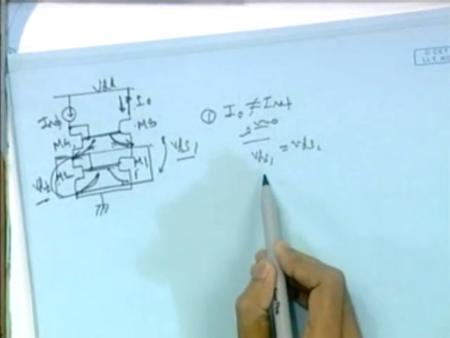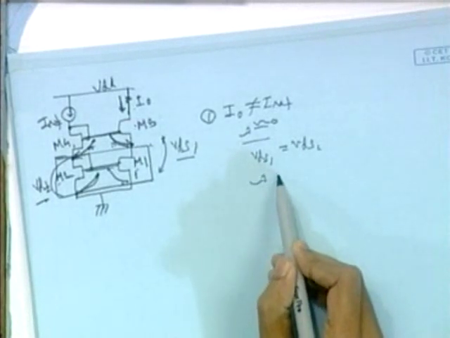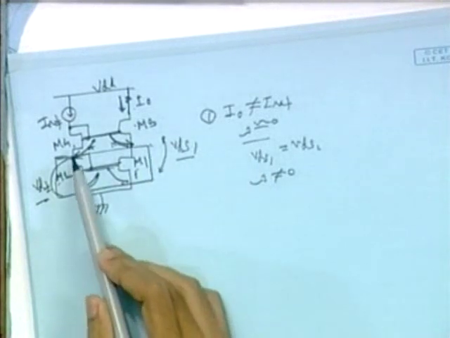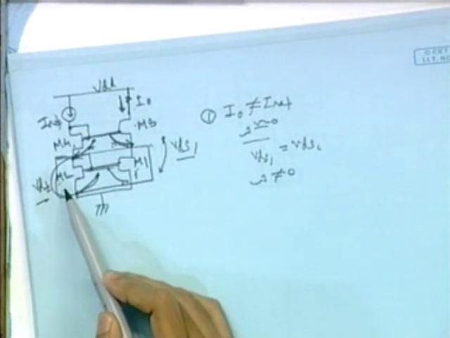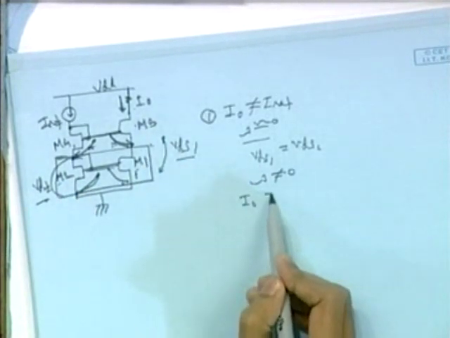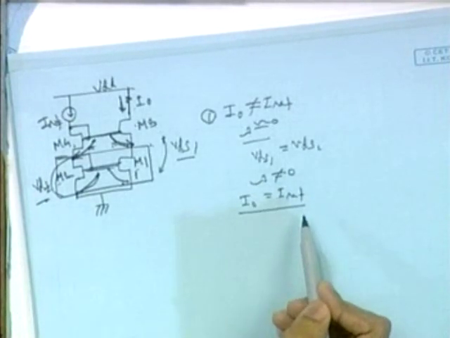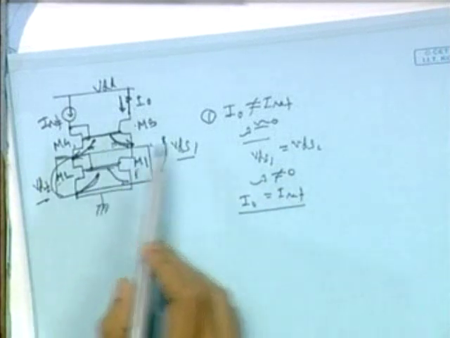Now, if the circuit suffers from a finite value of lambda, lambda is not equal to 0. But we have made VDS1 and VDS2 equal, so our I0 will be equal to IREF. Actually, there is a catch in this proof.